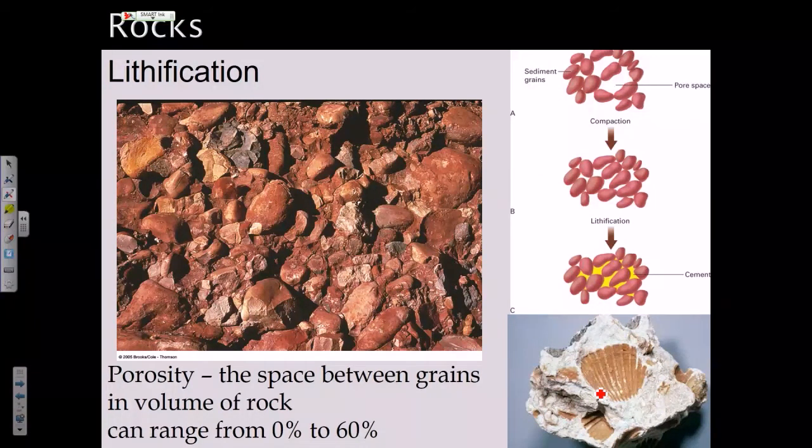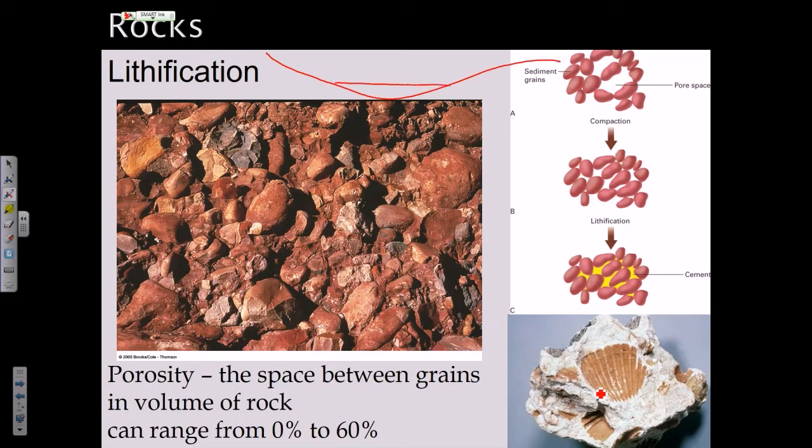Lithification holds the rock together and it involves a number of steps. The first step is deposition. Deposition basically means you have a low basin, a low topographic region, and we pile up the sediments into the system. Now, as you pile up sediments, the sediments at the top start pushing down on the sediments on the bottom, and so we get compaction. So deposition, compaction.